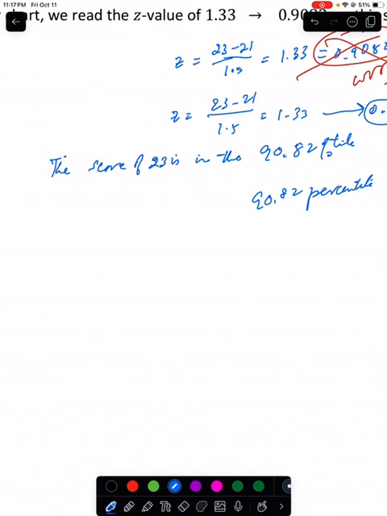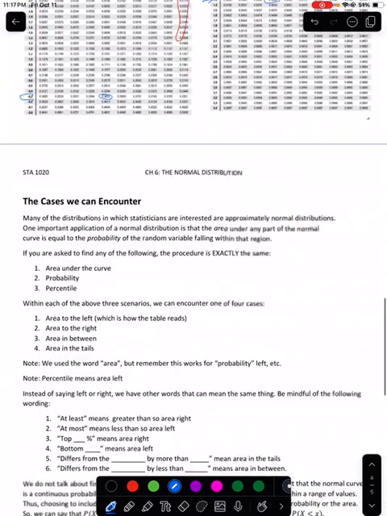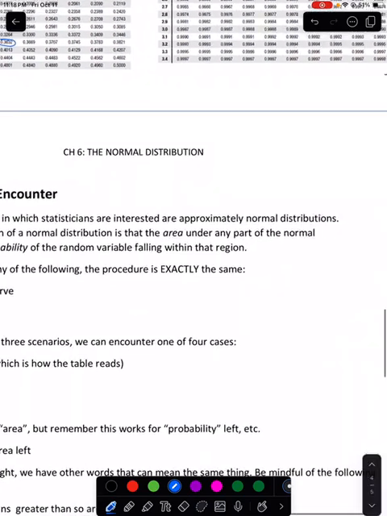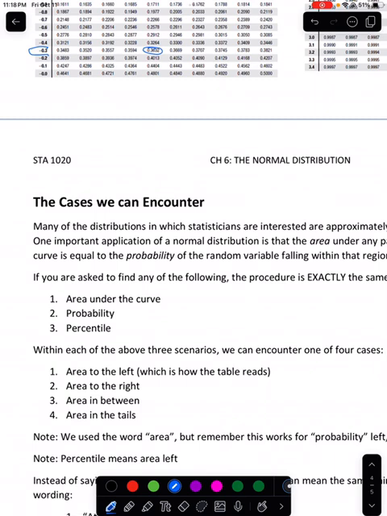Okay, so let's look at some examples now. The cases that we can encounter: as we said in the beginning, many of the distributions in which statisticians are interested are approximately normal distributions, and one important application of a normal distribution is that the area under any part of the normal curve is equal to the probability of the random variable falling within that region.